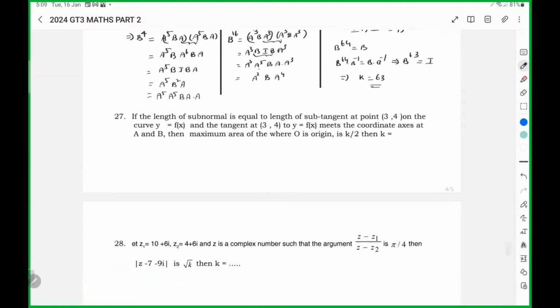Here length of subnormal is equal to length of subtangent on the curve. So length of subnormal is y times m. Length of subtangent, here the curve is drawn, a perpendicular is drawn here, n, this is t, this is length of subtangent, this is length of subnormal.